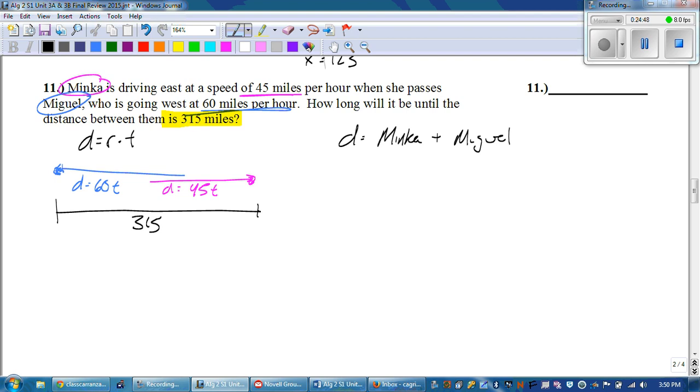So the way we would set that up is we would say 315 because that's our distance, and that equals Minka, which was 45t, plus Miguel, which was 60t.